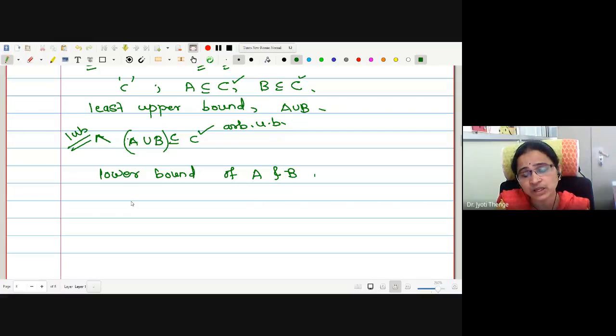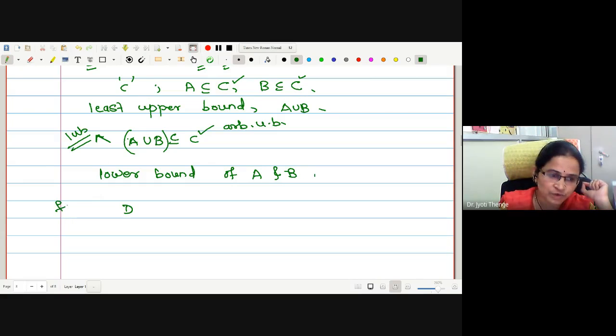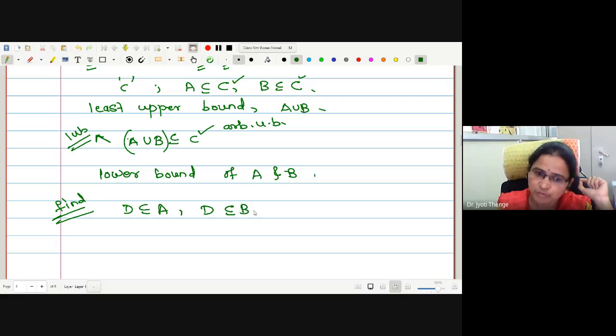Now here what do we want? Any arbitrary set which is contained in both A and B. Suppose D is the set I am writing. Our aim is to find D which is contained in both. D is contained in A and D is contained in B. In that case, this will be a lower bound.